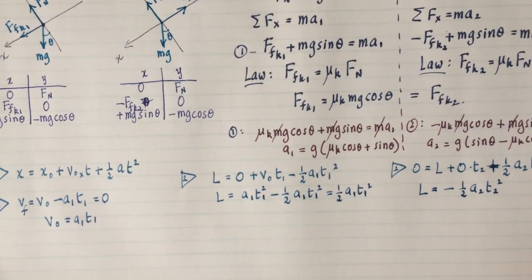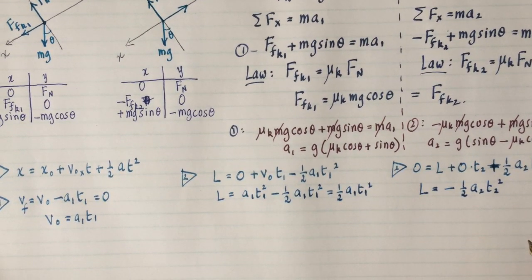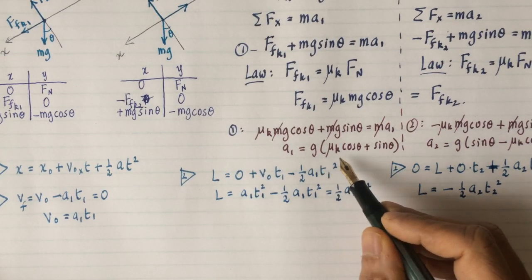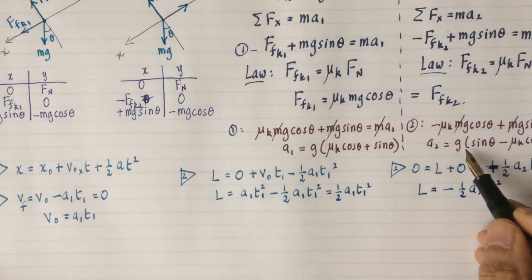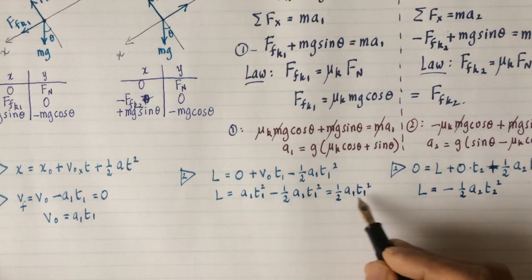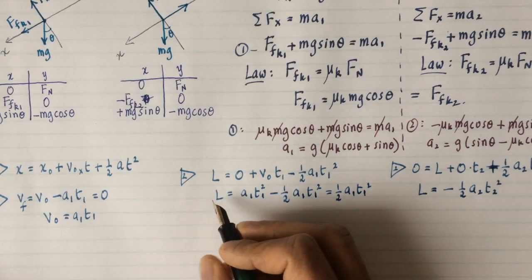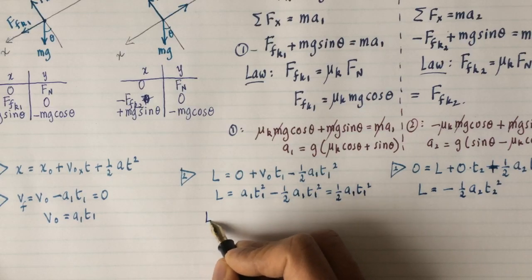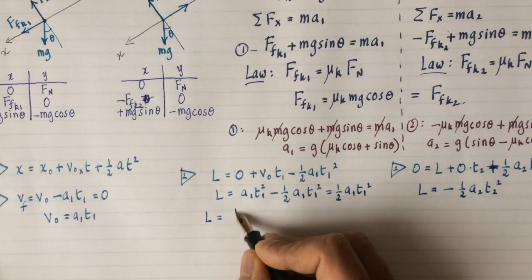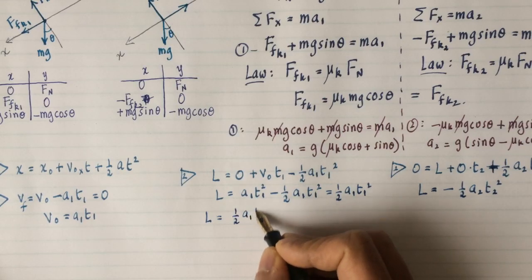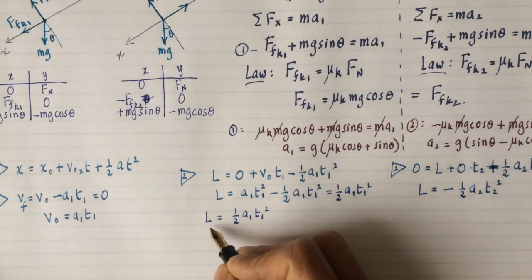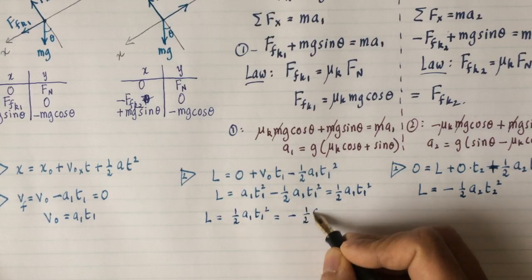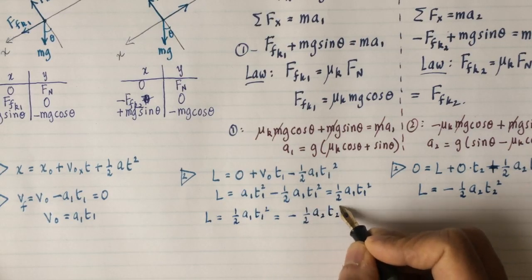All right, we are ready to now substitute all the values. a1 is given by that and a2 is given by that. So I'm going to divide these two equations. L equals 1/2 a1 t1 squared, but it's also equal to negative 1/2 a2 t2 squared.